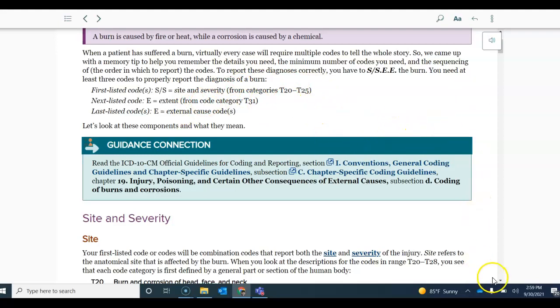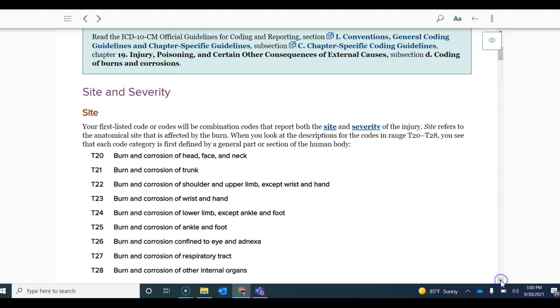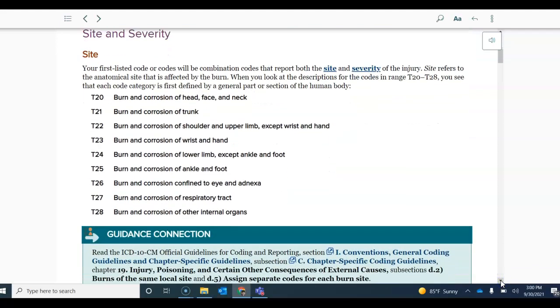Okay, T31 is where you're going to code your total body surface area. And then you're going to use external cause codes to describe why the patient got burned in the first place. Okay, so here's some examples of site and severity.